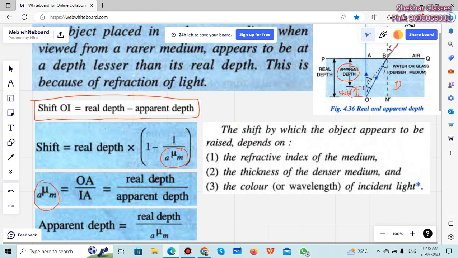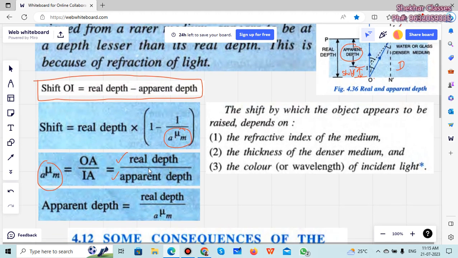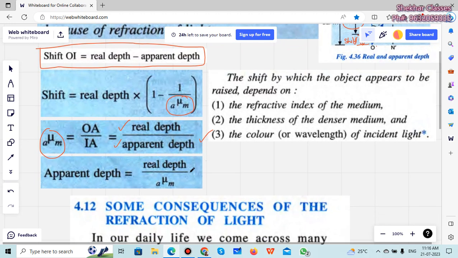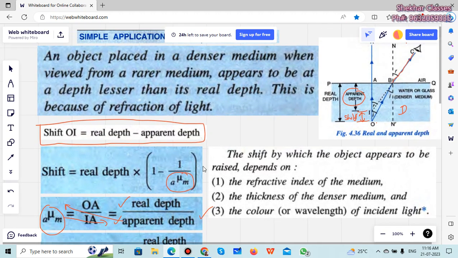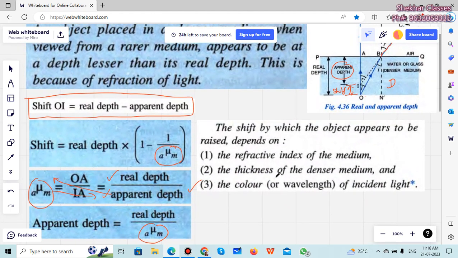So another formula for refractive index is real depth upon apparent depth. Make a note of all of the formulas. Then apparent depth will be real depth upon the refractive index of that medium. Just exchange: this will come here and this will go there. So keep these three formulas, and we will be using them for upcoming numericals.